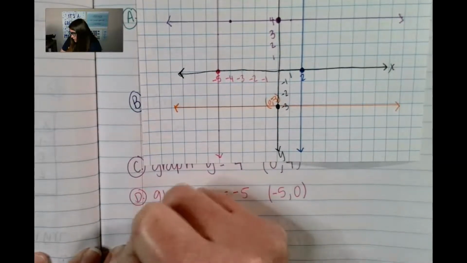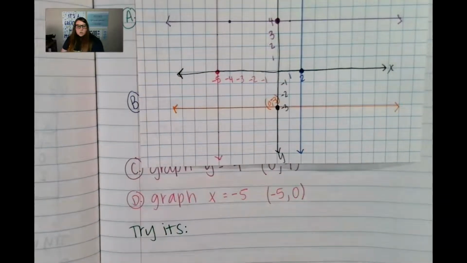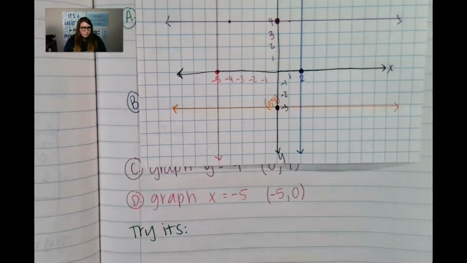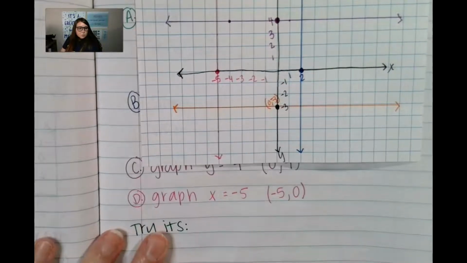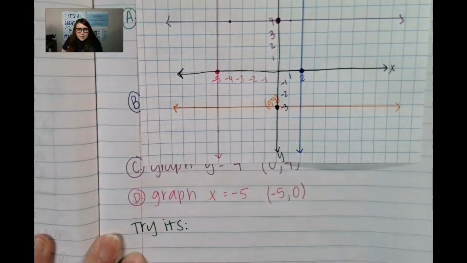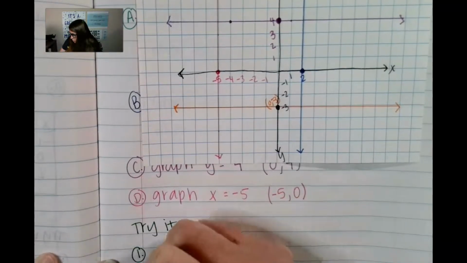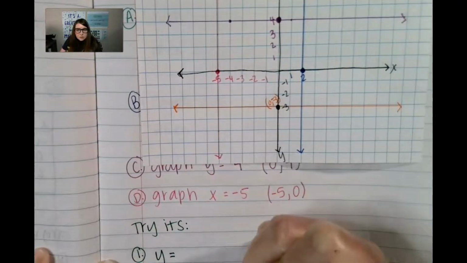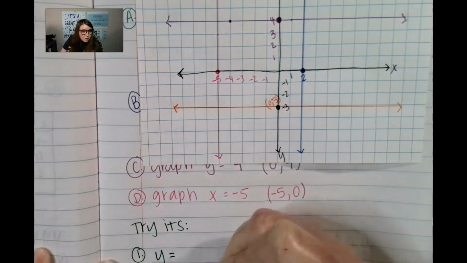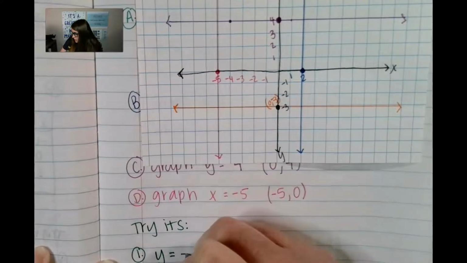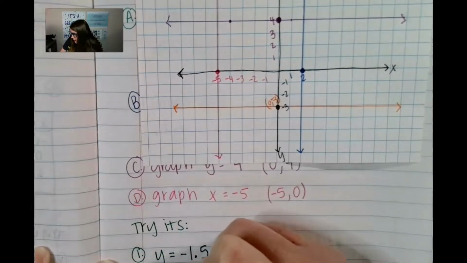Okay, all right, so now it is your turn for a try it. Let's do some try its. Try it number 1 says y equals negative 1.5.